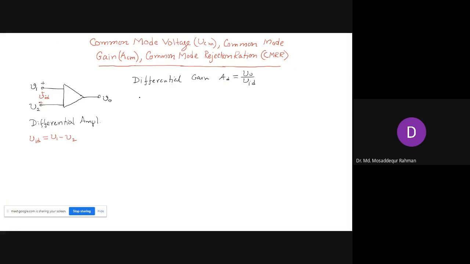Now, what is the common mode voltage? Common mode voltage is when you take the average of these two. So VCM is the average of these two.